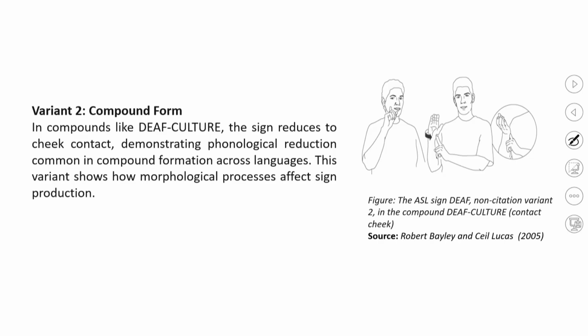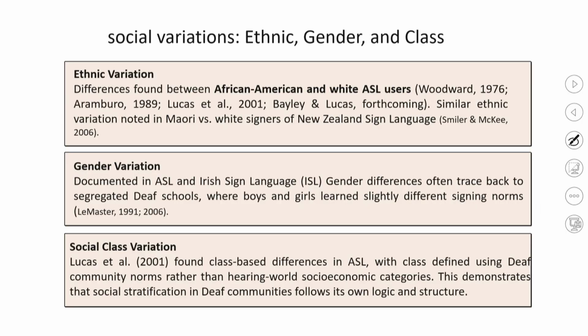Similarly, this is a compound form, and this is another compound; there are different possible types that they use. These are just some examples to show how signs differ across different domains, depending on region as well as social variation.